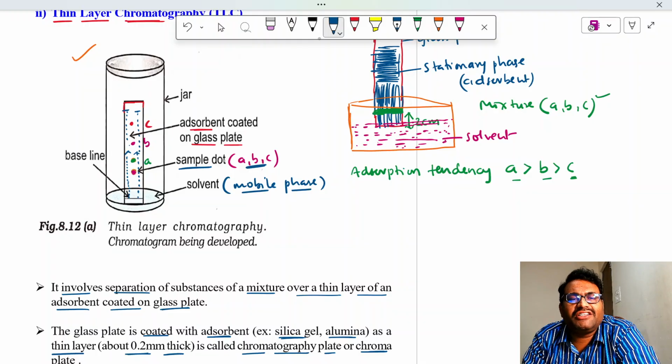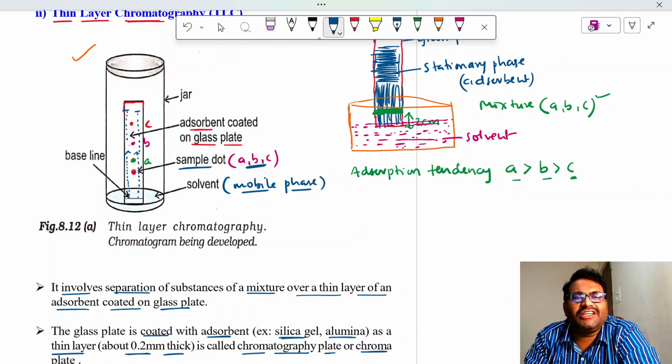A has more tendency, so it stopped earlier. C has the least tendency, so it traveled much more distance. C traveled more distance than B, and B traveled more distance than A. In this way, they got separated.